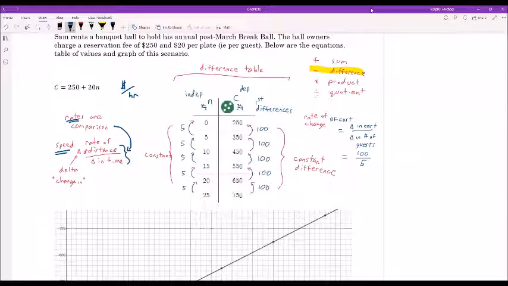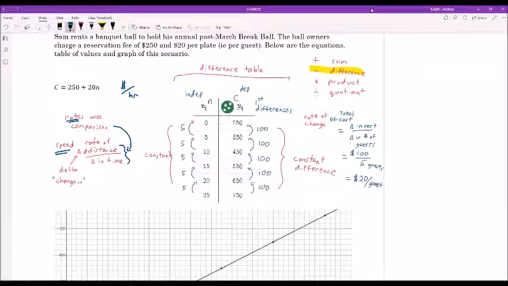Okay, so 100 for every 5 guests. For every 5 guests, the total cost is going to be increasing by $100. Now we can simplify that, because 5 divides evenly into 100, and that equals $20 per guest.